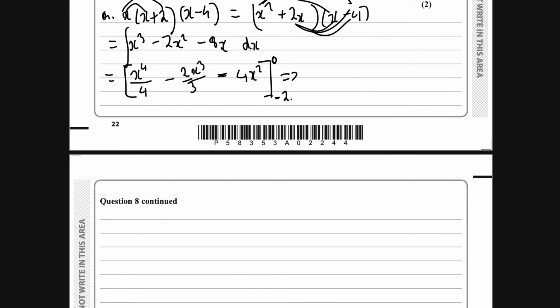Now, if we were to put 0 into this, we'd get 0. So what we're going to be doing is 0 minus whatever we get when we substitute minus 2 into the x here. That's just going to be the same as negating what we get when we substitute minus 2 into our integrated expression.